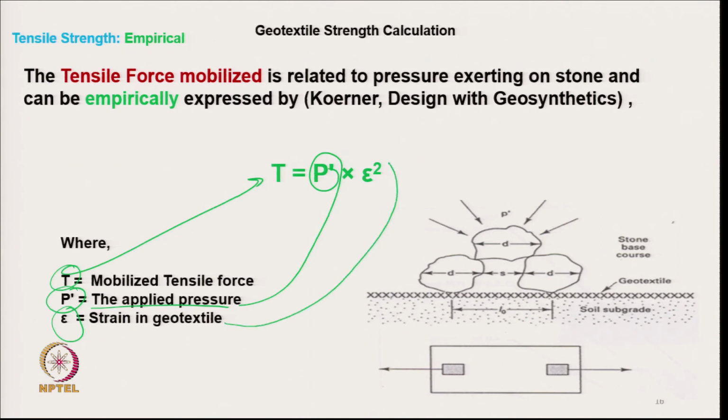So, P dash multiplied by epsilon square, if we can get all these values, we can calculate the tensile force mobilized in the geotextiles.